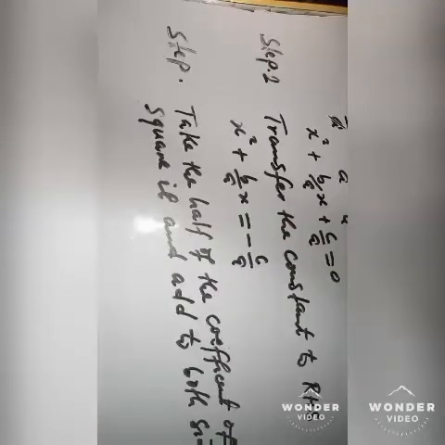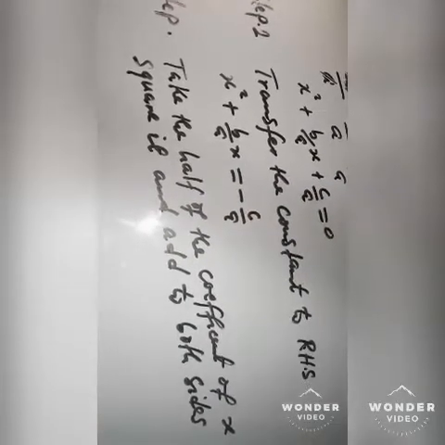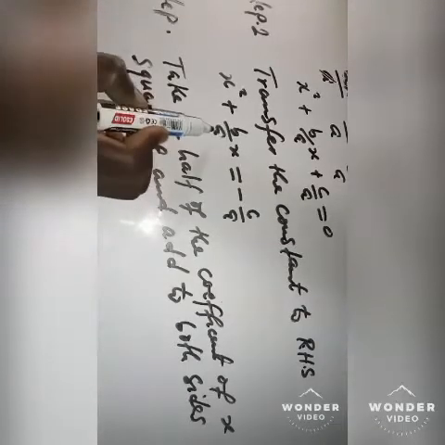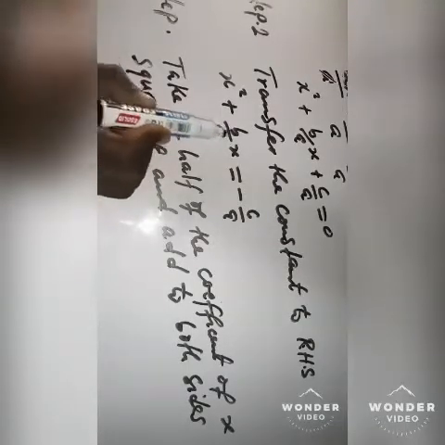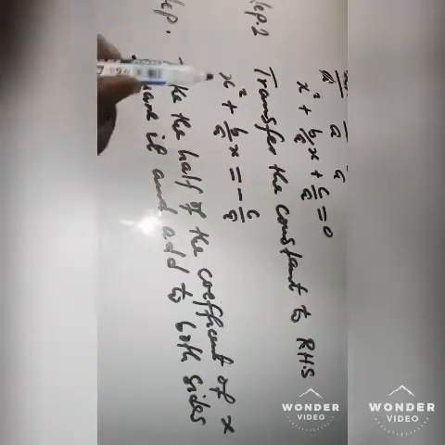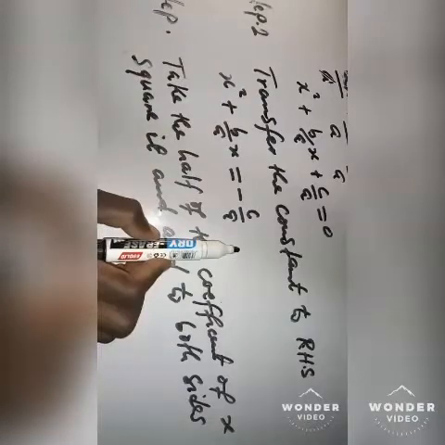The coefficient of x here is b all over a. So we are going to take the half of it, we then square it and add it to both sides. That is to add it here and here.